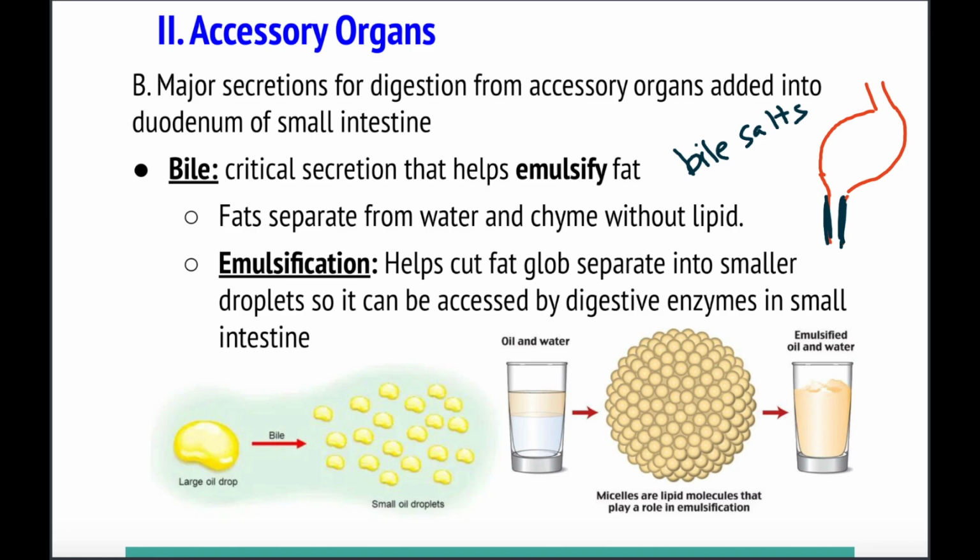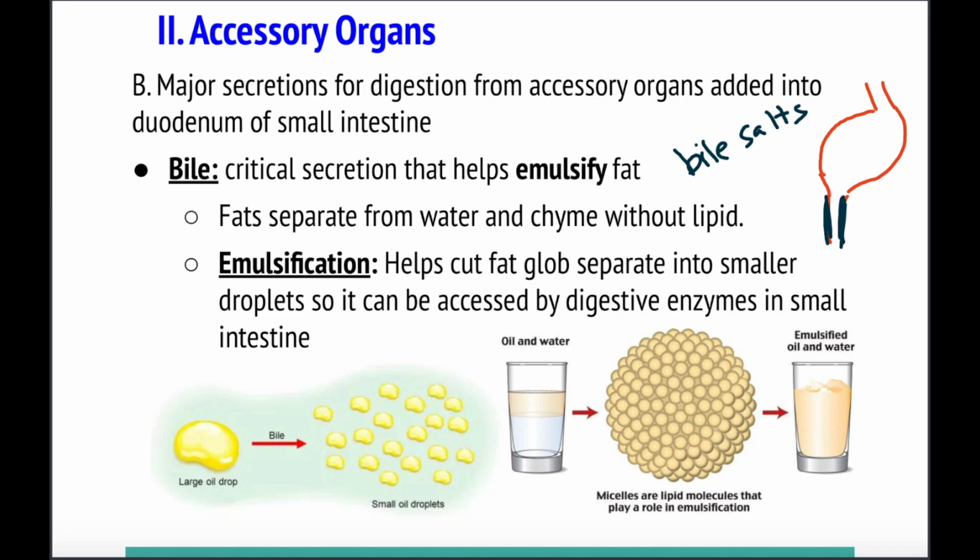The way it works is it takes the fat. You probably know that fat will not mix with water. If you put a lot of oil in water, that oil will float on top and refuse to mix into the water. That's a big issue because your stomach acid and this chyme in your body is mainly water.